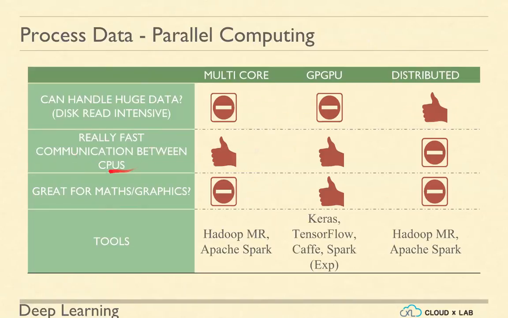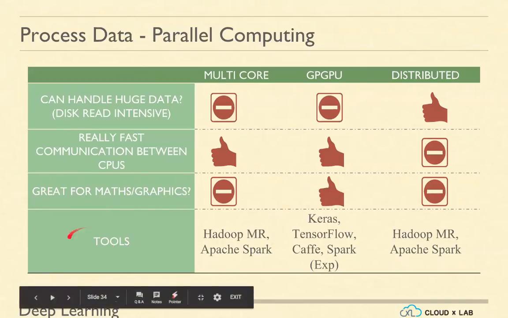If you need really fast communication between various processing units, then you use either multi-core or GPGPU. We simply call it GPU instead of GPGPU. Also, if you need a computer for good maths and graphics, then you generally go for multi-core or GPU.